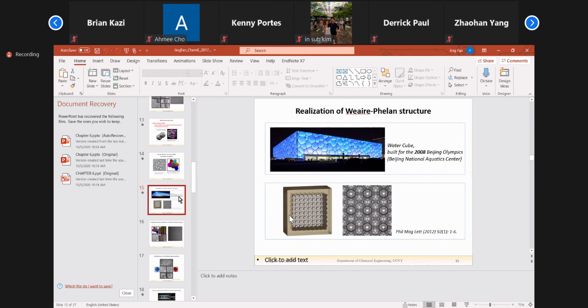So to realize the Weaire-Phelan structure is not because we want to use it for some real application. It's probably mainly studied by mathematicians and physicists. It's just to fill our curiosity.